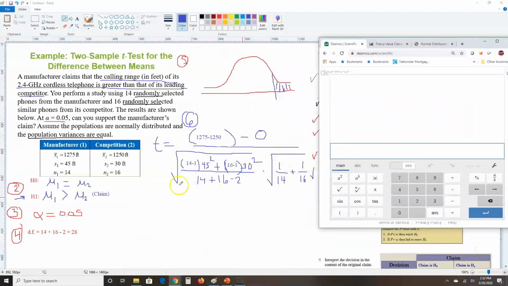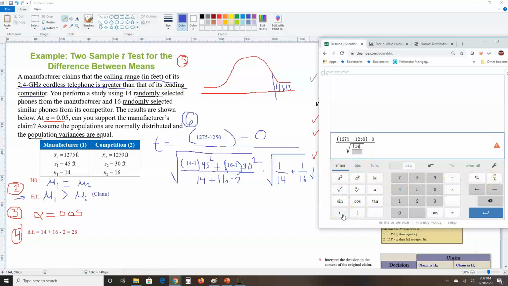I'm going to type all of this in my calculator: fraction, parentheses, 1275 minus 1250, close the parentheses, minus 0. Now we're going to work on the bottom. We have 2 radicals. Okay, so let's work in the first radical. I have a fraction inside.